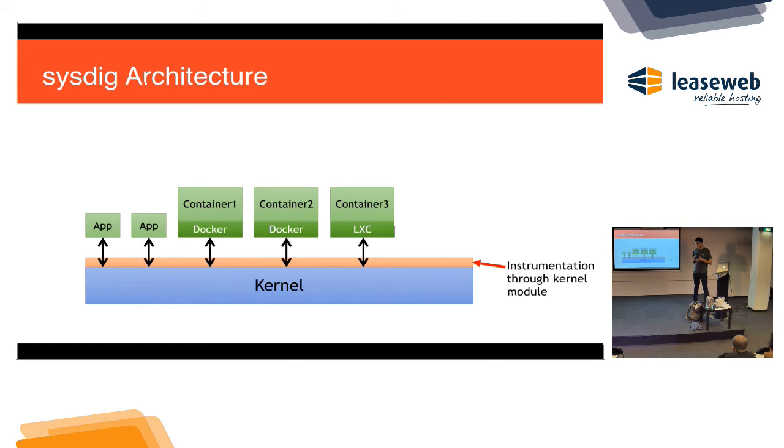To install our kernel module is very easy. There are two ways. If you have a common distribution like Ubuntu or Debian, you can just install with one line of code. We have a script to install everything.